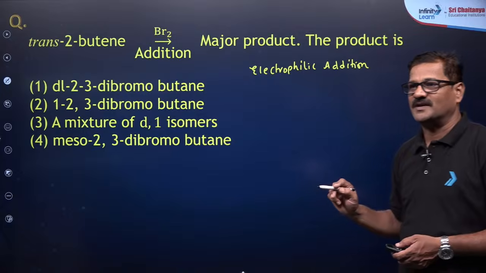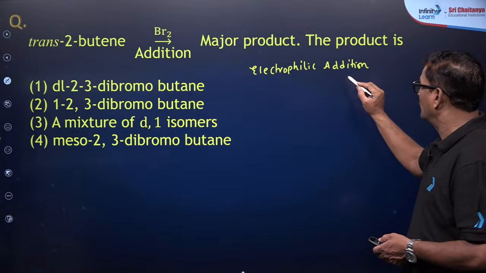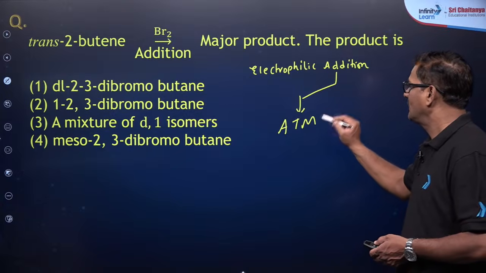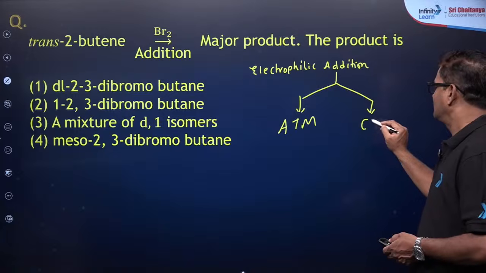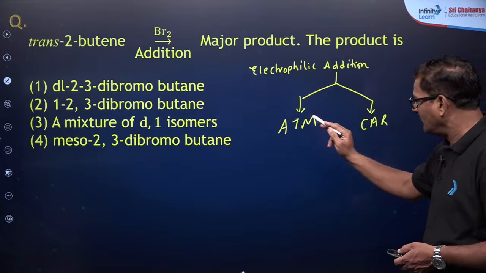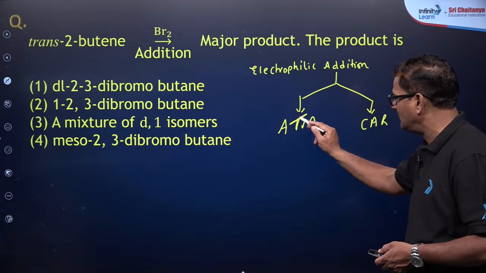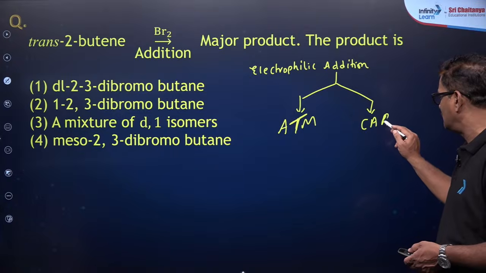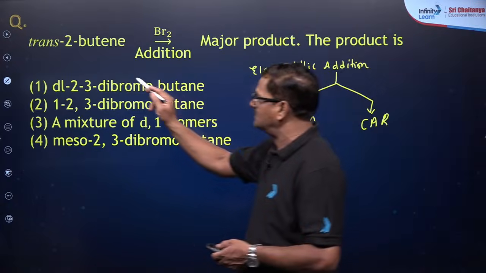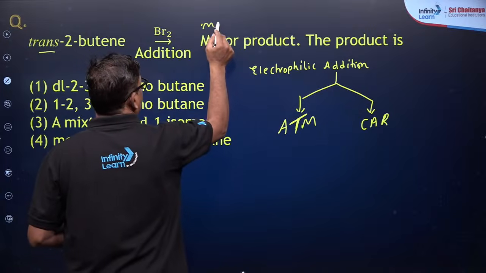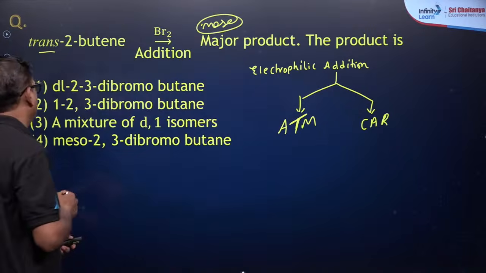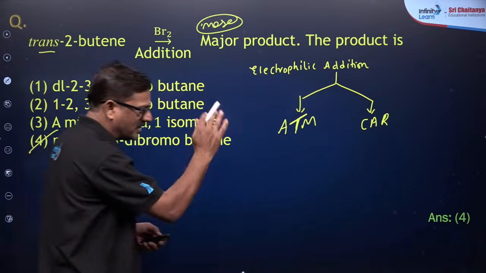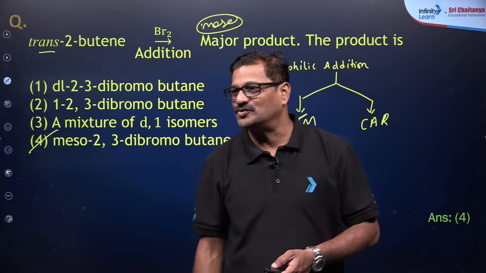In this electrophilic addition reaction, anti-addition to a trans alkene gives a meso product. A cis alkene on anti-addition gives a racemic mixture. So, it is a trans alkene, you need to get a meso product. So, I want to say meso 2,3-dibromobutane, the answer is going to be 4. So, everybody follow this trick and do the best.